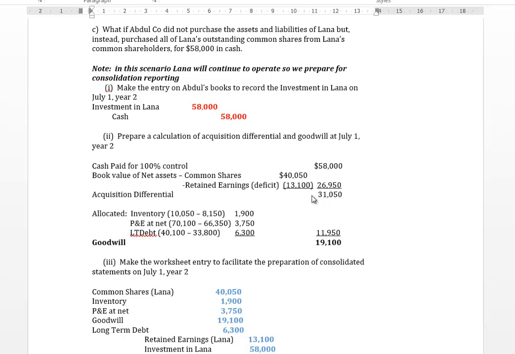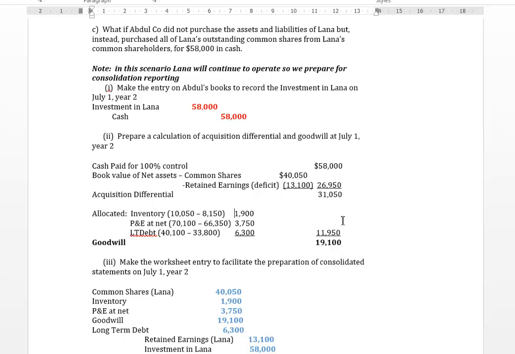So why in the world did Abdul pay $31,050 more than the book value of net assets that they control? Well, don't forget, they saw fair value increments in the inventory of $1,900 because Lana had the inventory booked at $8,150, but Abdul thinks it's worth $10,050.